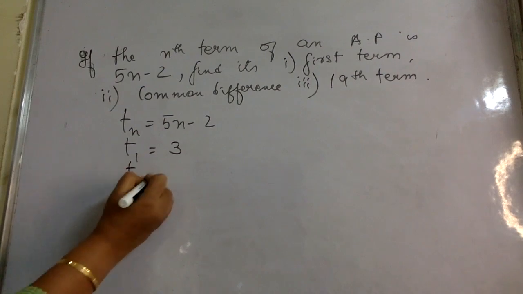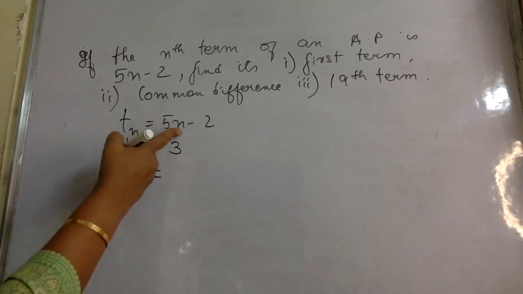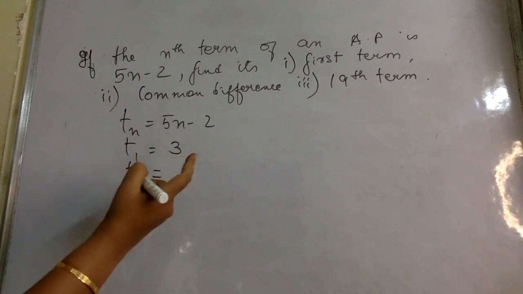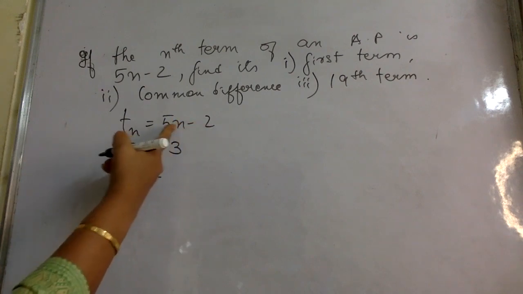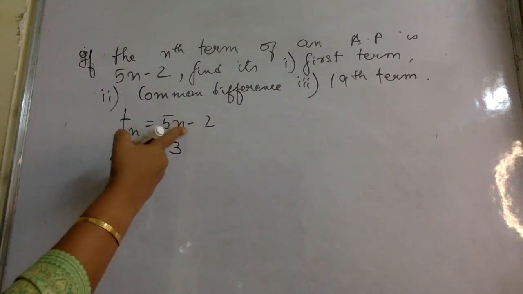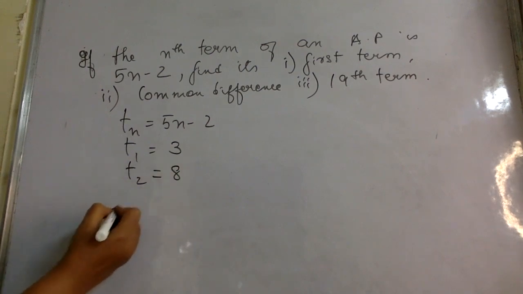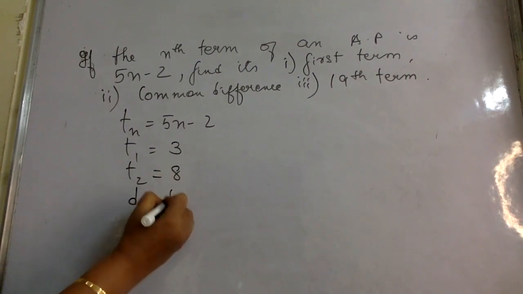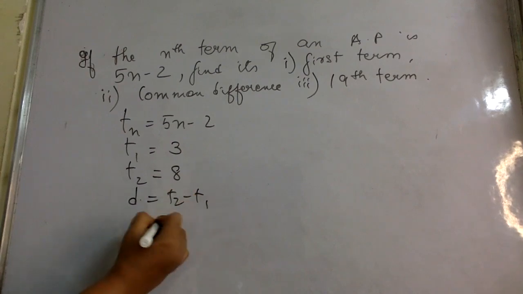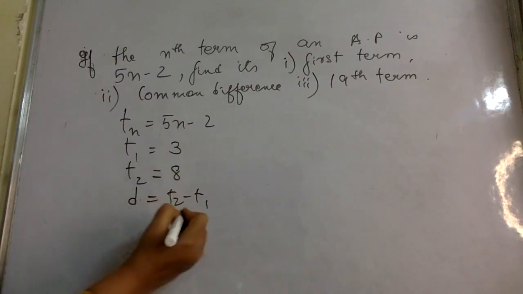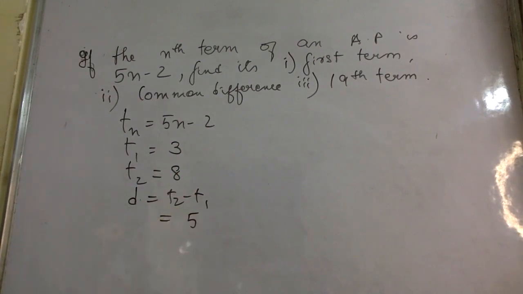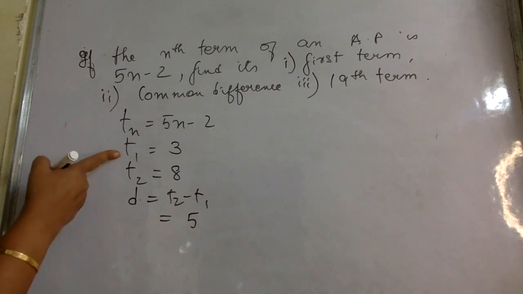Now let's get T2. Put a 2 here and then what do you get? 10 minus 2, which is an 8. So D is equal to T2 minus T1, that comes to a 5. So we got the common difference, we got the first term.